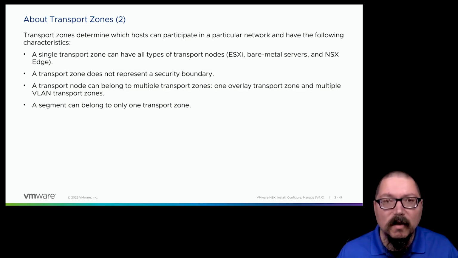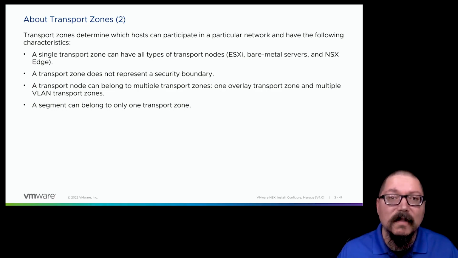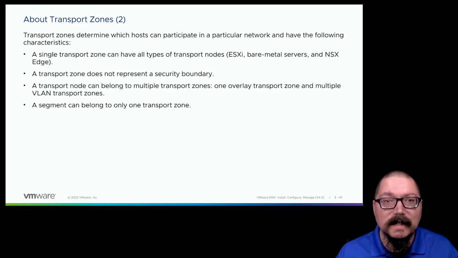Now, I can have a single transport zone in my infrastructure, and maybe that's all I'm going to have. Well, I'm going to have more than one. I'm going to have at least one overlay transport zone and at least one VLAN transport zone, because the transport zone is also going to define the type of traffic that a particular segment is going to carry. So when I create an overlay transport zone and I create a segment and attach it to that overlay transport zone, well, that's going to be a logical switch. That's going to use our Geneve overlay protocol to send traffic between hypervisors.